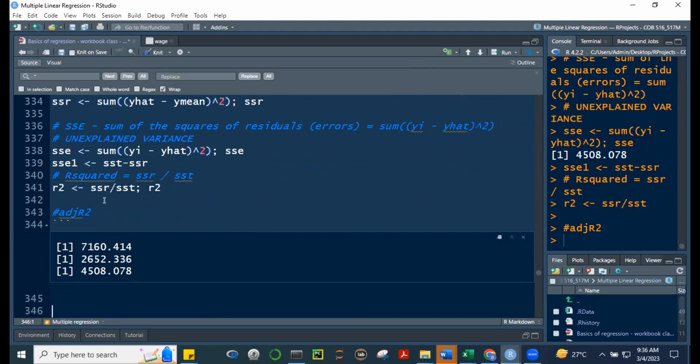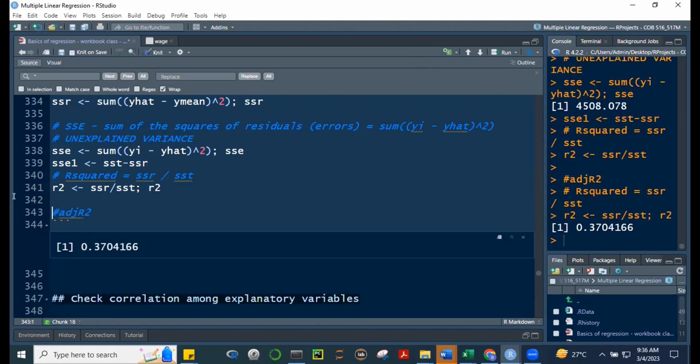It still won't. What happened here? SSR over SST, and then print R2. Okay. Anyway, I'll just print this, 37%.